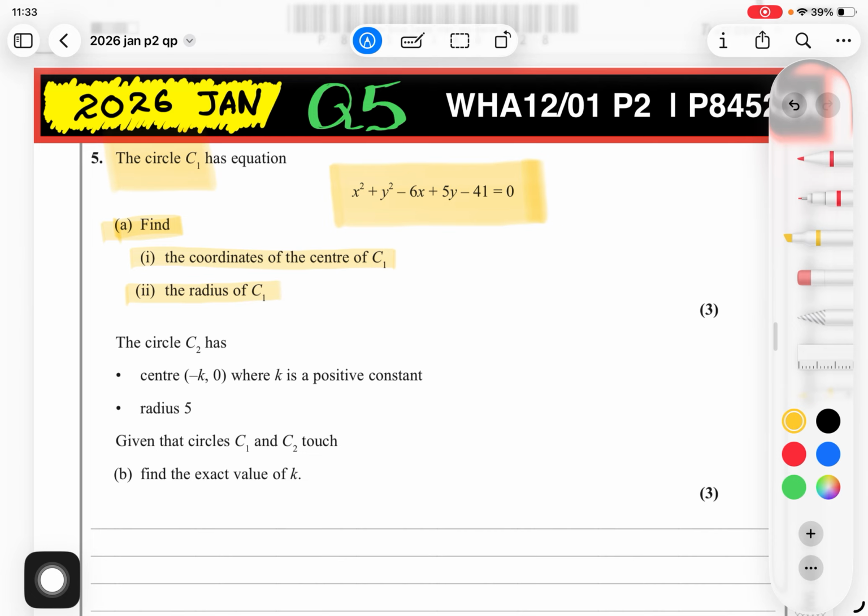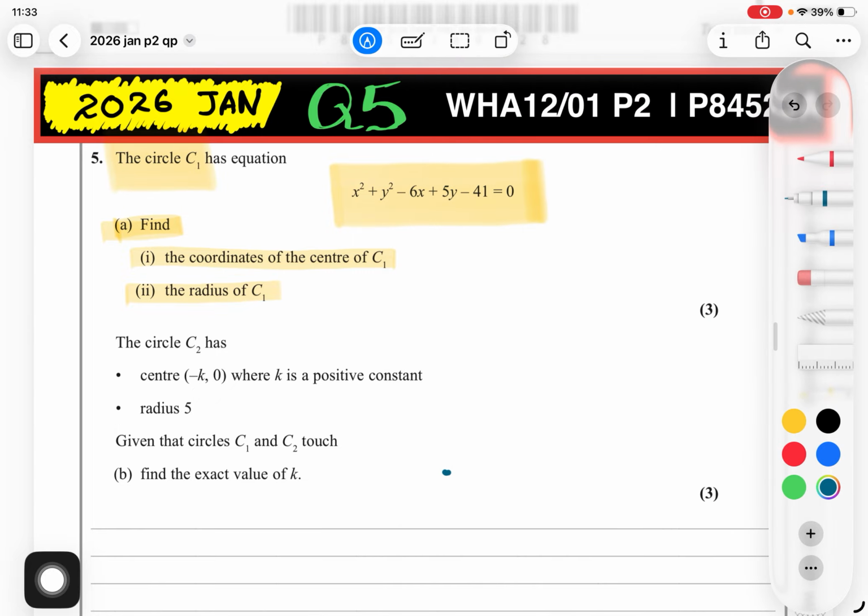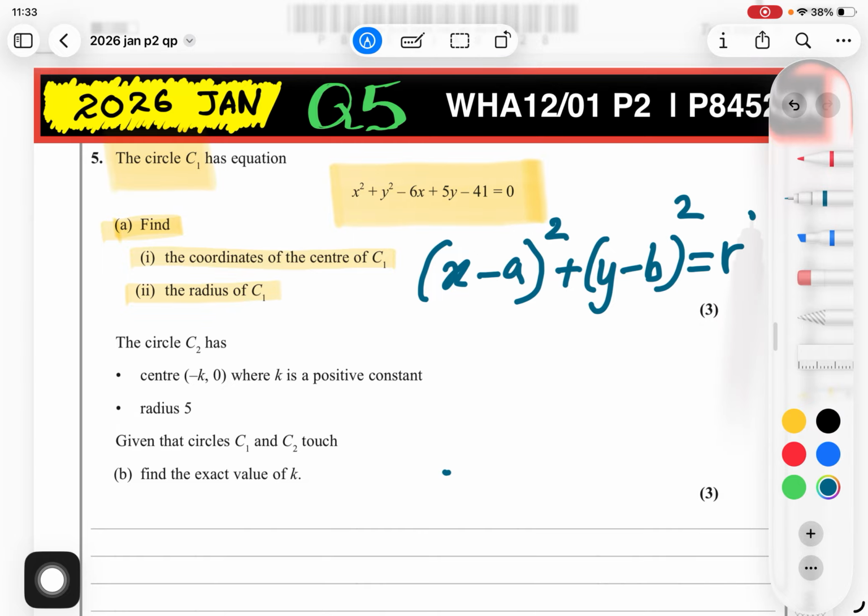So here we will start our work with the first part. Once we see this, what comes to mind first is the general equation of a circle. The general equation is (x − a)² + (y − b)² = r².